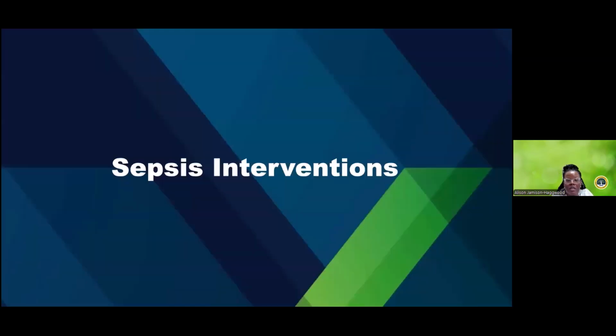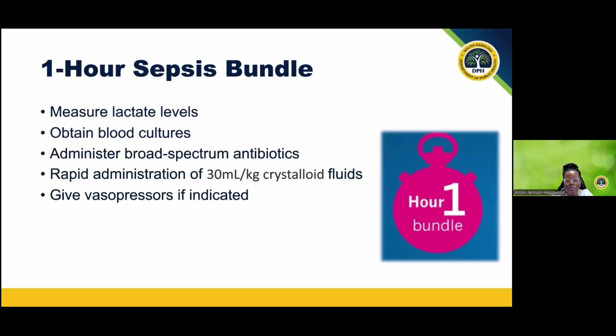So next we're going to look at sepsis interventions. What can we do to help intervene? So the 1 hour sepsis bundle, it's a series of interventions to help with rapid diagnosis and treatment of sepsis.